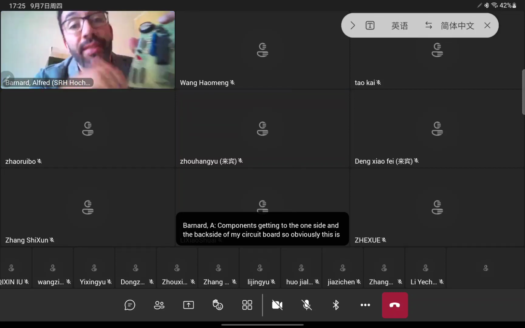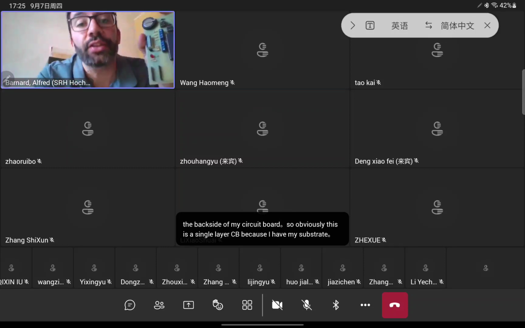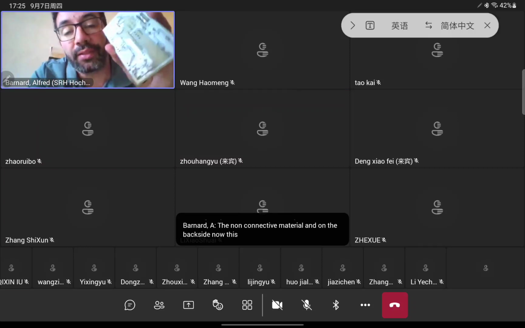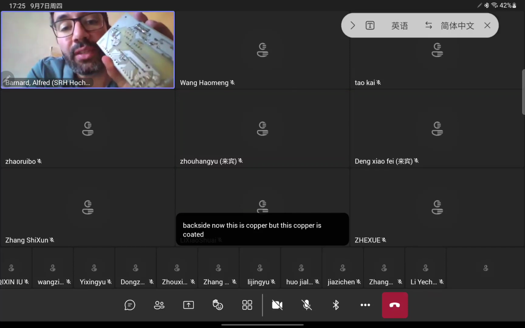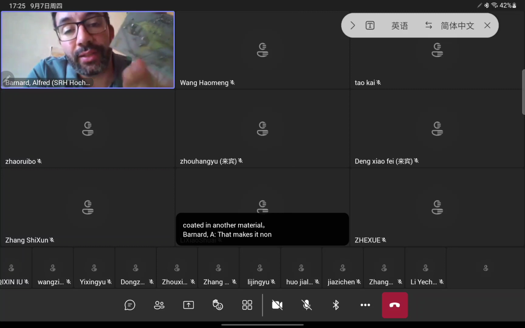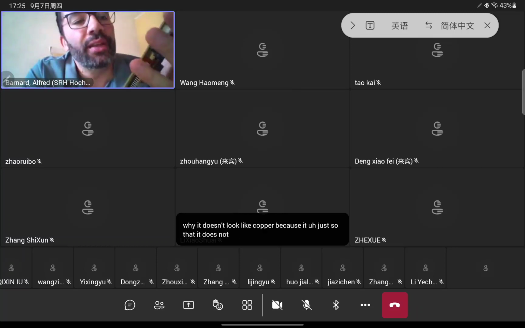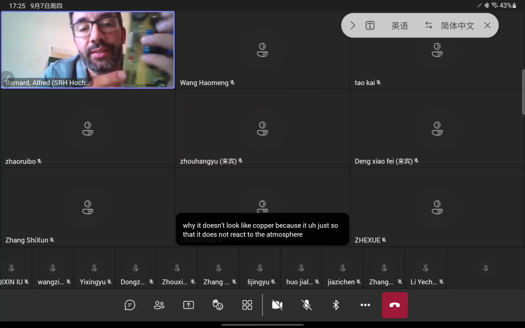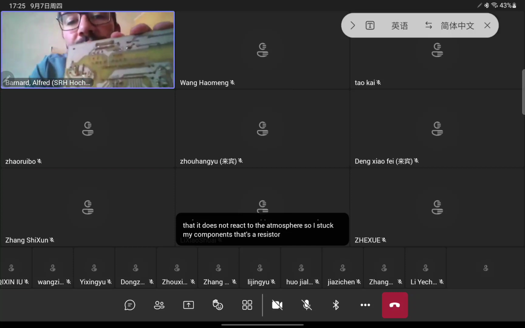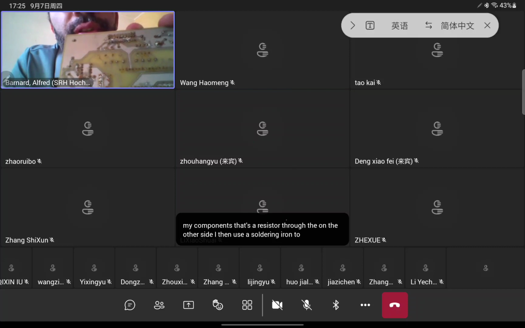This is a single layer PCB because I have my substrate, the non-conductive material, and on the back side is copper, but this copper is coated in another material that makes it non-conductive, so that it does not react to the atmosphere. I stuck my components, that's a resistor, through there. On the other side, I then use a soldering iron to solder them to this component.